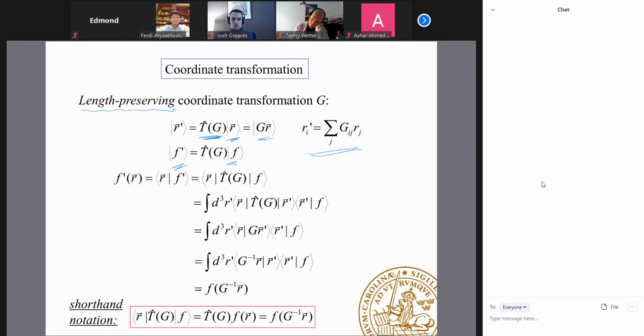So we look at the position representation, which gives us the function F prime, and we want to see how F prime is related to the original function. So we just compute this thing here, and then introduce a unit operator, one. Of course, you have to integrate over r prime.